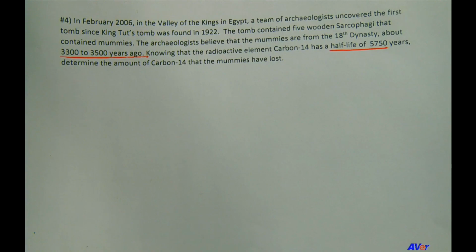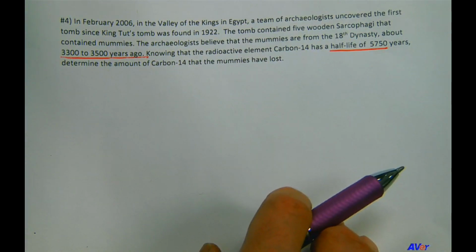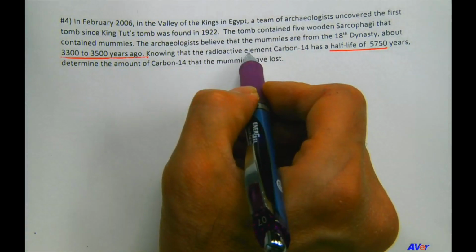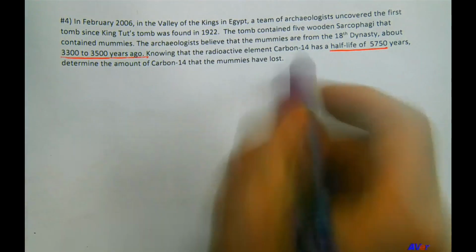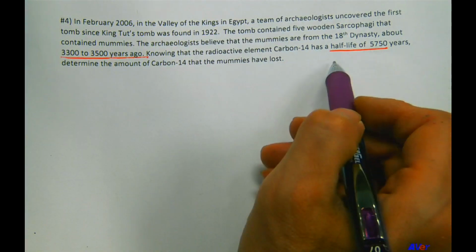That quantity now would be half a gram, because after every 5,750 years, the carbon-14 halves itself. It has a half-life of 5,750. So the 1 gram that was there 5,750 years ago, now there would be just half a gram, half of that amount. So that's a half-life. That's what we mean by that.